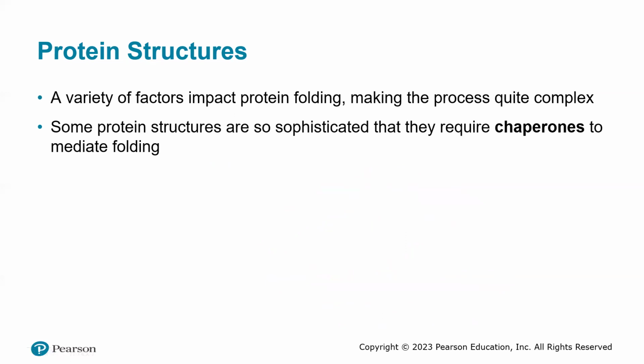Now, there are all sorts of things that can affect protein folding, including pH and temperature and the different interactions. And some of these proteins' structure is of such a high order that they require a chaperone protein, which helps actually mediate that folding so the protein gets the proper shape.